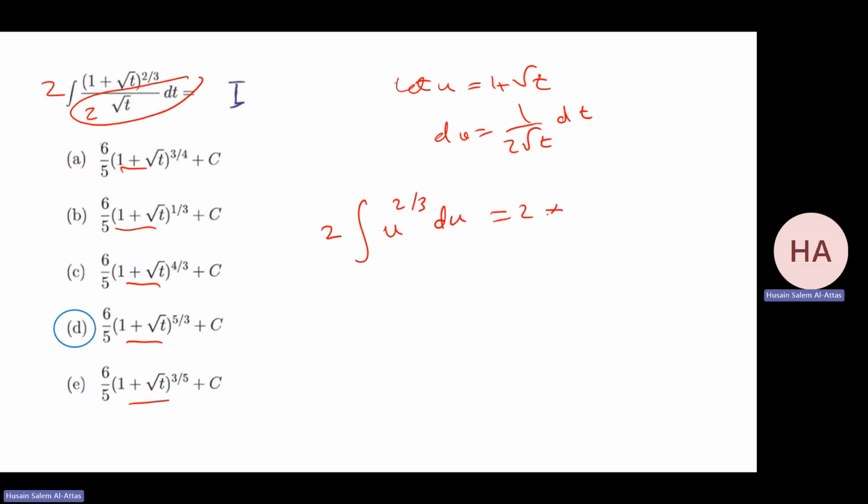So that will be 2 times 2 over 3 add 1, 5 over 3. That times 3 over 5, u to the power 5 over 3 plus c. So I have what? 6 over 5 u, which is 1 plus square root of t to the power 5 over 3 plus c, which is this.